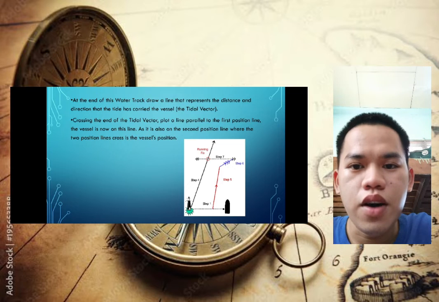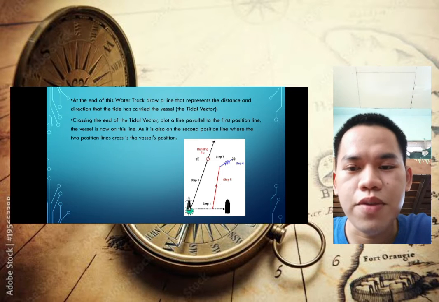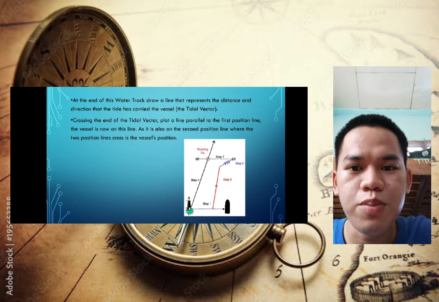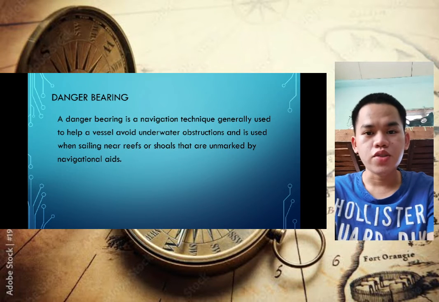Crossing the end of the tidal vector, plot a line parallel to the first position line. The vessel is on this line, as it is also the second position line. Where the two position lines cross is the vessel's position.